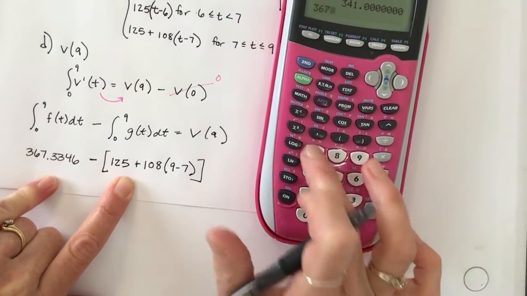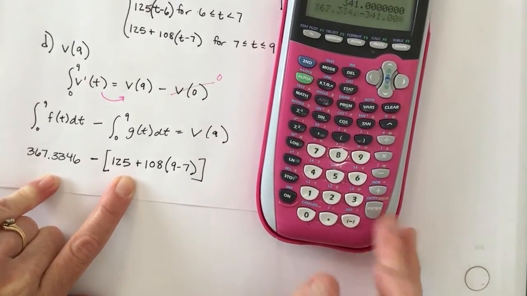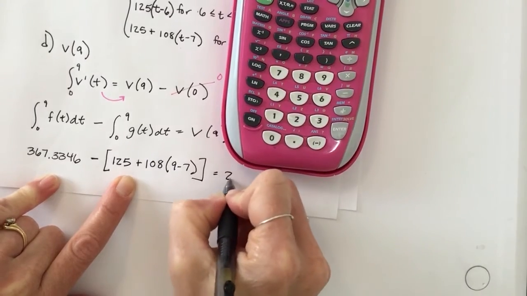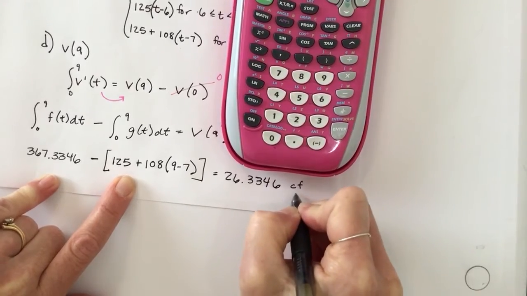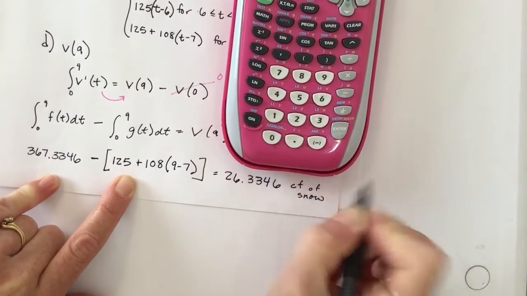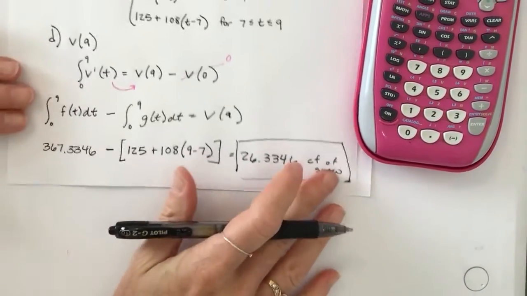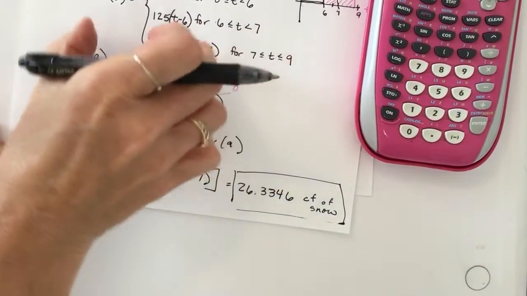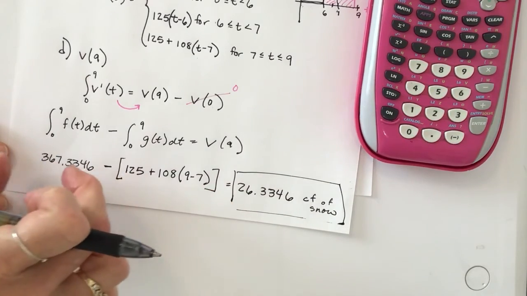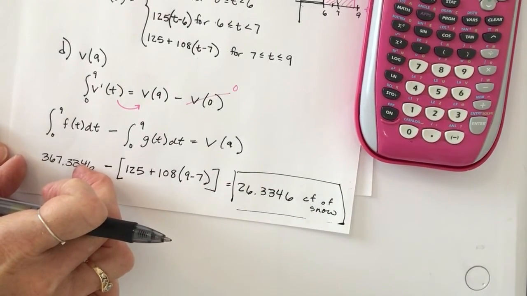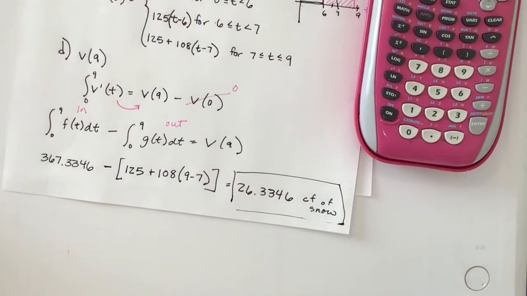And we've got 367.3346 minus the 341. And we got, she's almost done, cubic feet of snow. And there we have it. Done. So we had to anti-derive, which we already did in part C for our g of t. And then we anti-derived via the calculator for the rate in minus out. All right. Good job, you guys.